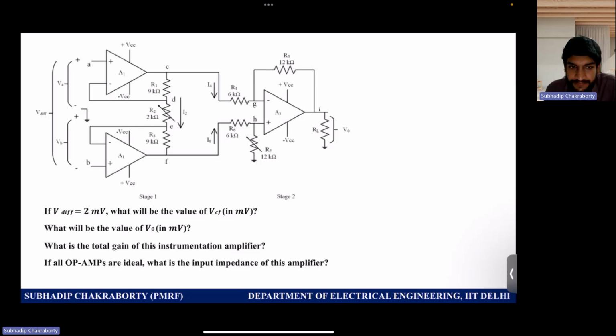this analysis. Now this circuit is given where we have two stages comprising of this differential stage, stage 1 and stage 2, which are cascaded to each other. Now you are being asked to find, there are 4 parts.